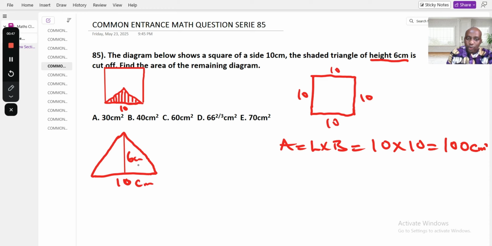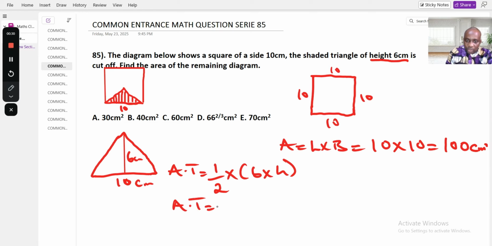Now, to look for the area of this triangle, if the question gives you something like this, what is the area of a triangle? Area of a triangle is half, 1/2, multiplied by base times height. What is our base? Our base is 10, because one of the sides of the square is 10, which is this one down here that we cut out.